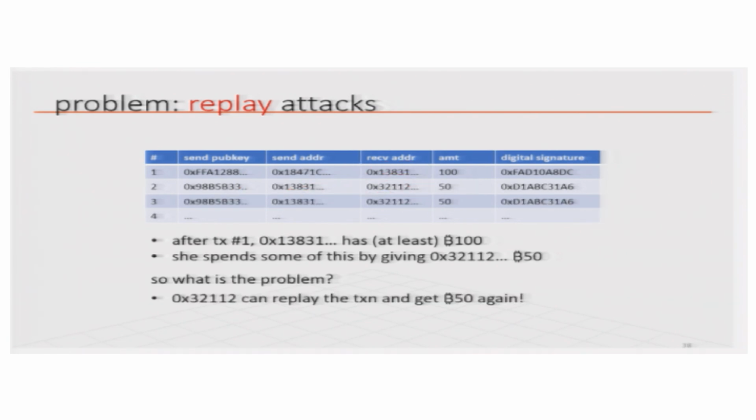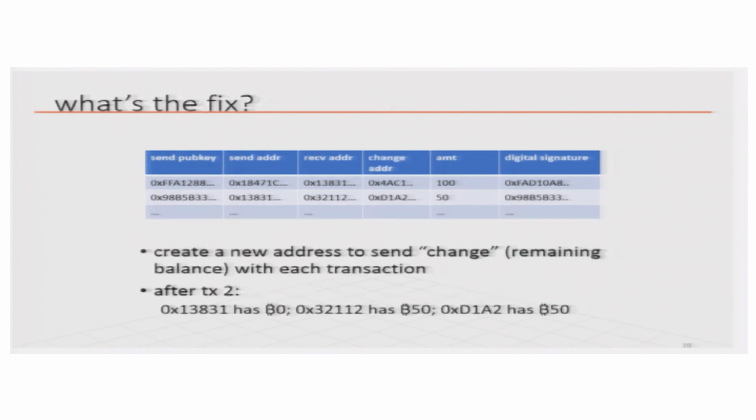So, this is one problem that one has to worry about, and therefore you have to make some tricky solution. Every time you make a transaction in this kind of setup, you do not keep the rest of the balance in the same account. You create another account with a different address, and as part of the transaction you say: give 50 to this address and give the other 50 to a new address.